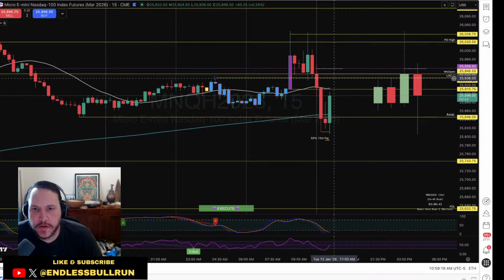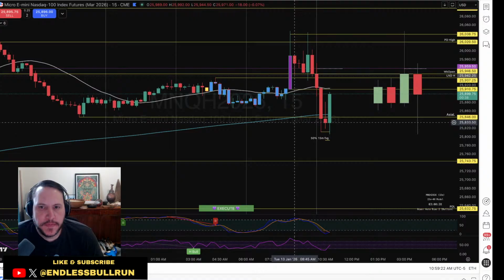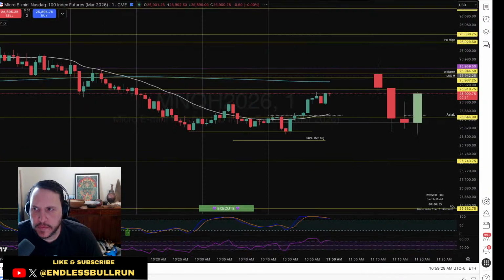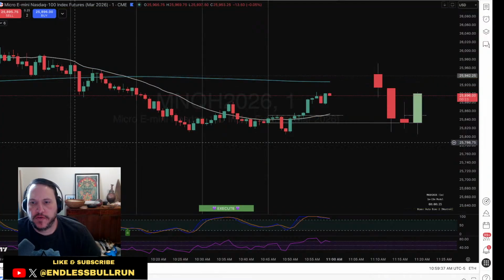Modern low looks good. I'm at high. 30 seconds left in this 15-minute candle. Let's watch some structure brew.